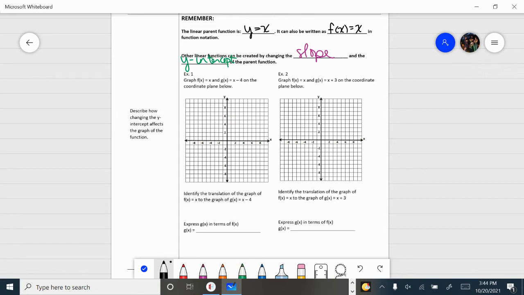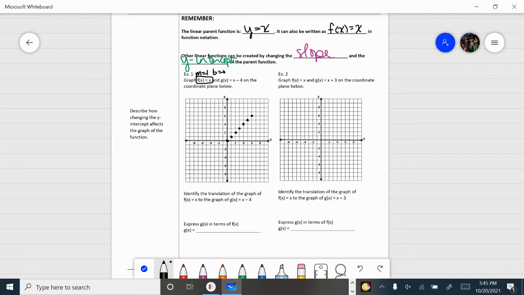The parent function, I'm going to put in black here, our parent function is f of x equals x. So it starts with the y-intercept at 0. My slope is 1. M equals 1, b equals 0, okay? So because it's a slope of 1, that means we're going to go up 1 and right 1 to get to the next point.